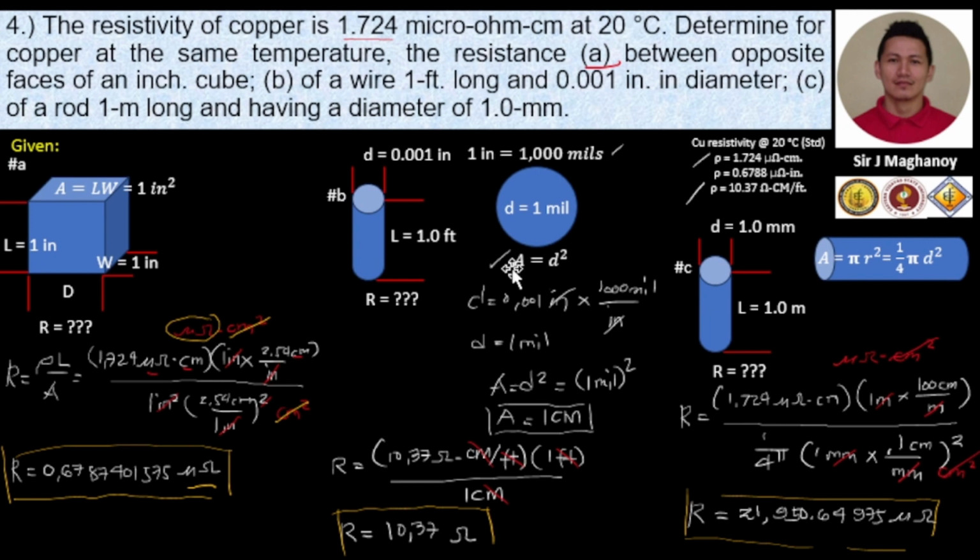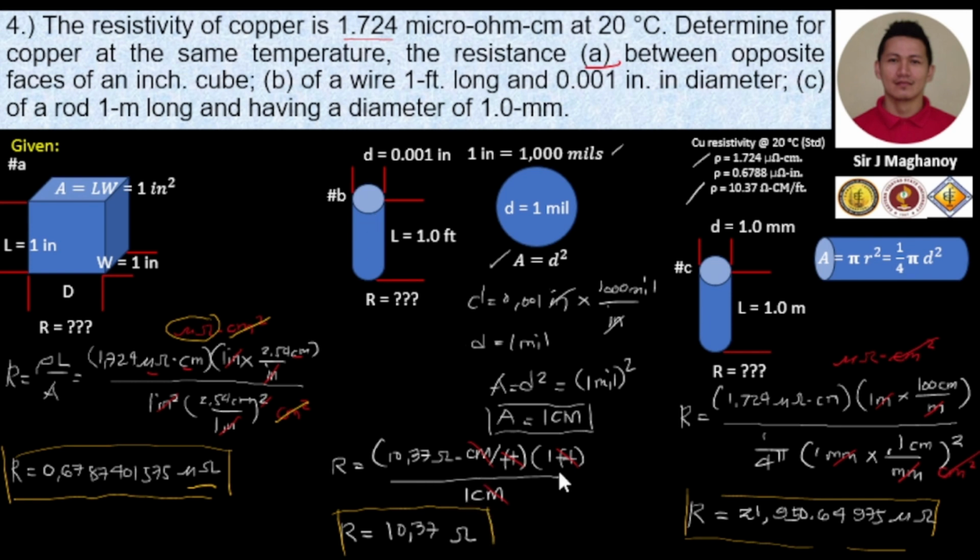Since the formula for the cross-sectional area of a conductor is equal to d squared, we substitute 1 mil for d. The square of a mil, that is your 1 circular mil, will be your cross-sectional area. So solving for your R, we use the resistivity 10.37 ohm circular mil foot times the length of the conductor, this 1 foot, all over the cross-sectional area of 1 circular mil.